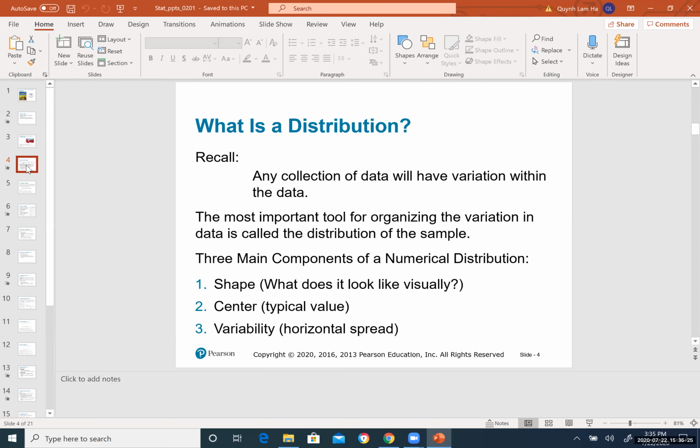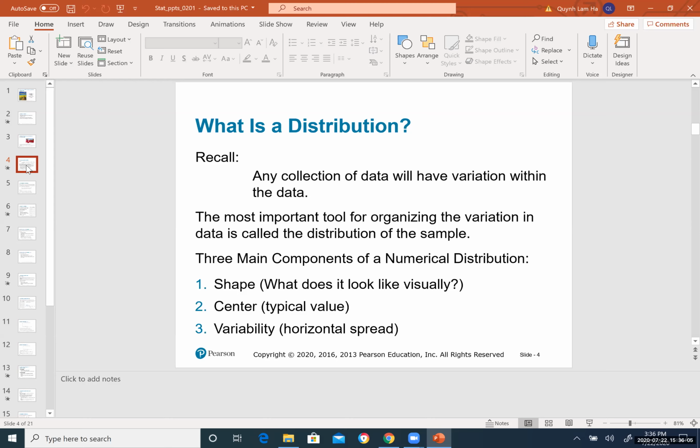There will be three main components of a numerical distribution. The first thing, when you look at the graph, is the shape. For the shape, what does it look like visually? You will see many types of shape. Is the shape bimodal, unimodal, uniform, or skewed?